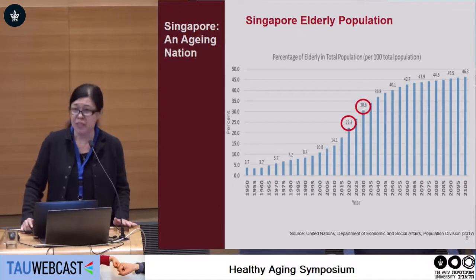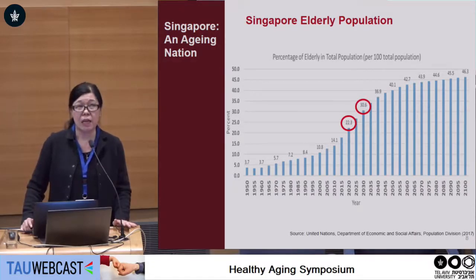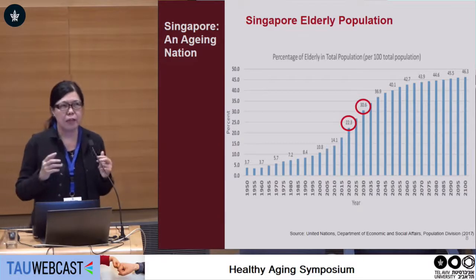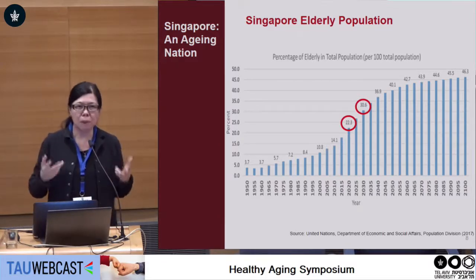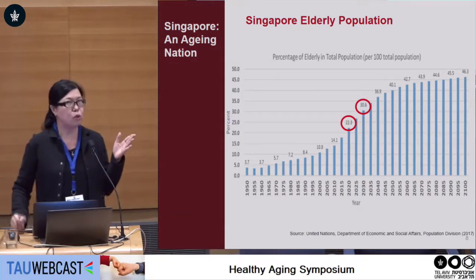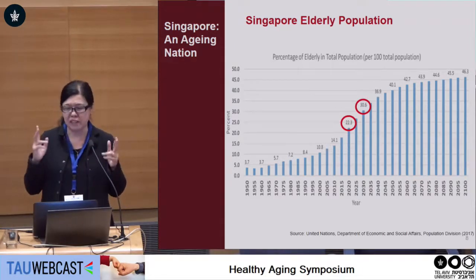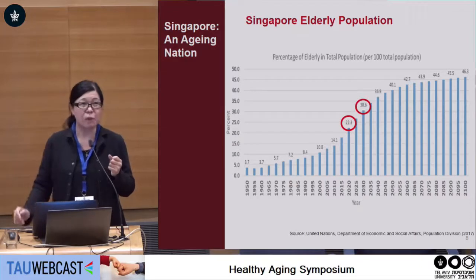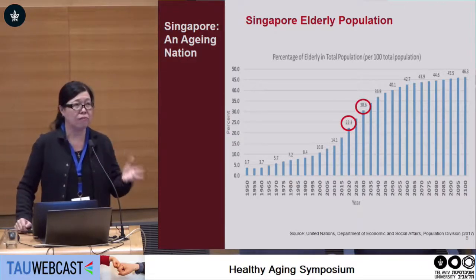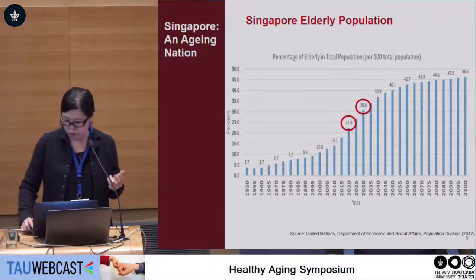So the government in 2015 launched an initiative to support aging-related research. From 2015 to 2022, there are 7 years of funding where the government has set aside 200 million to support aging research.